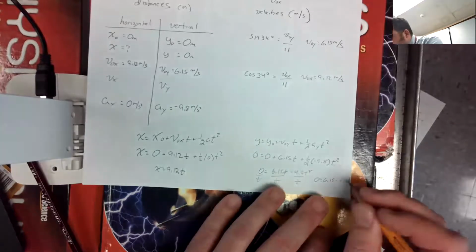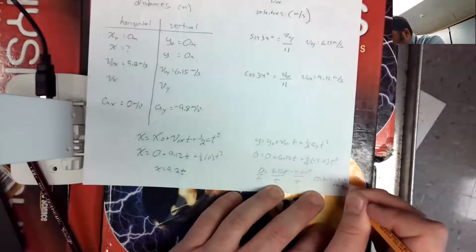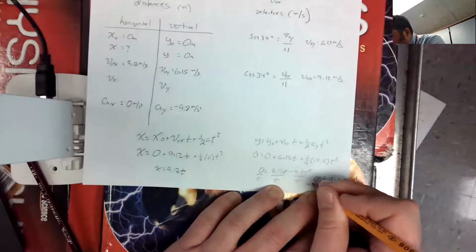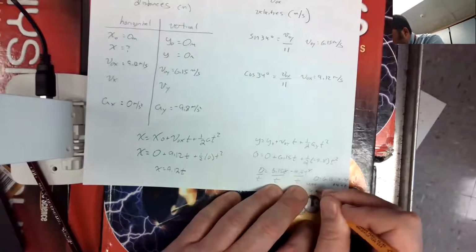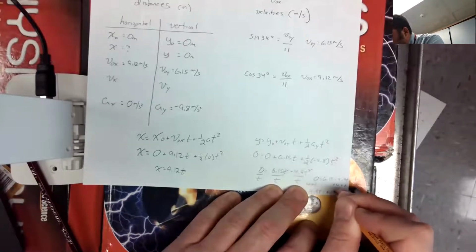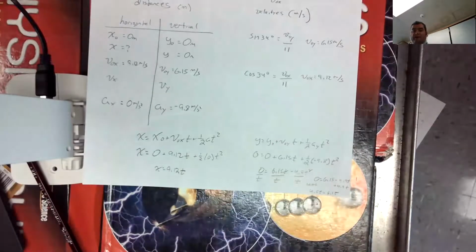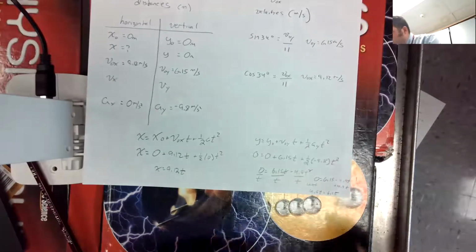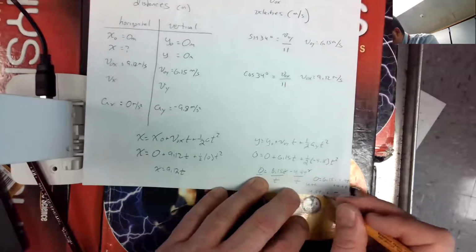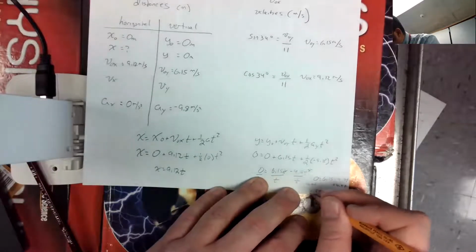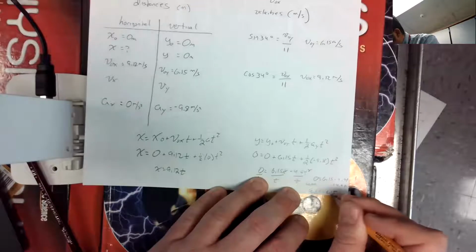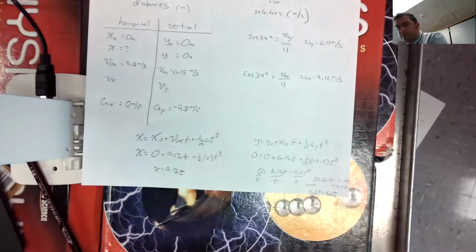So if we add 4.9t to both sides, we get 4.9t equals 6.15. So I ran out of space due to poor planning, but if I just divide both sides by 4.9, sorry about my poor planning.